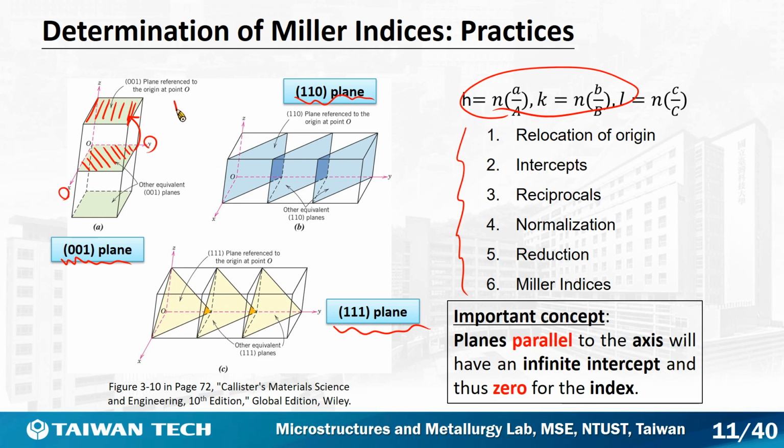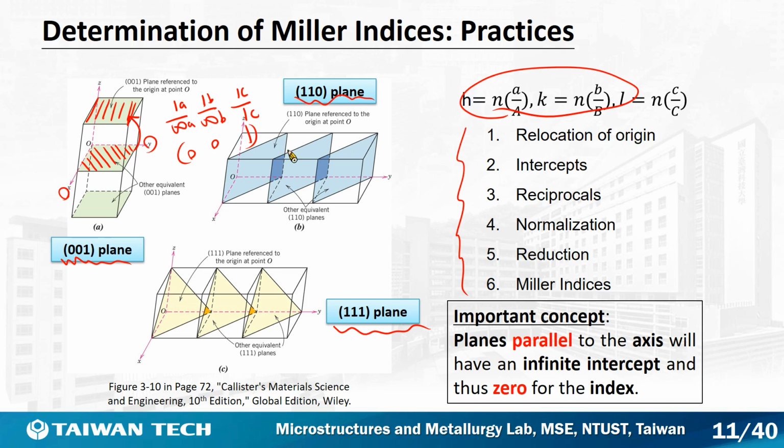So this is for the intercept, for x, for y, and for z, let's say 1. Okay, so that's for intercepts. And then normalization. This is just about a, b, and c. Reduction, I think, is okay. We don't need to have a reduction. So after that, we can get the 001 Miller indices.